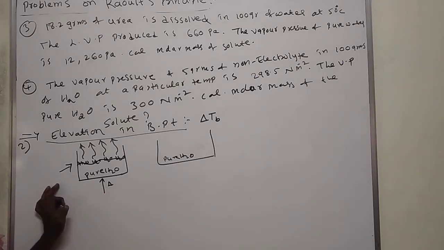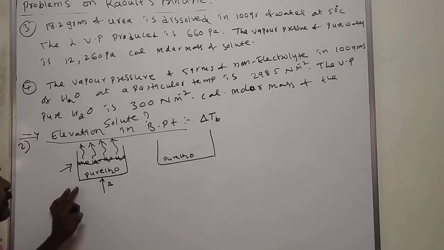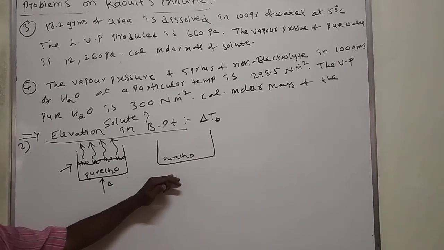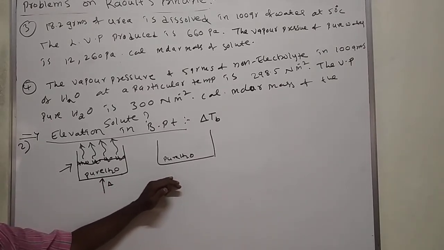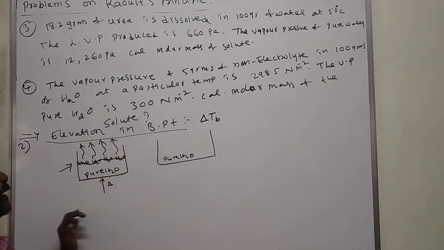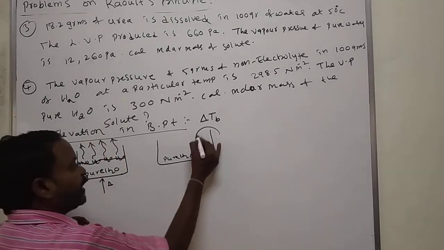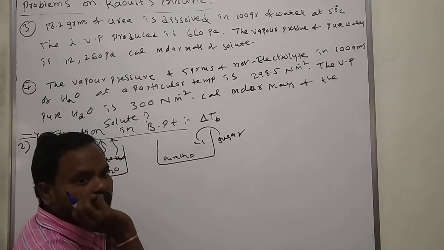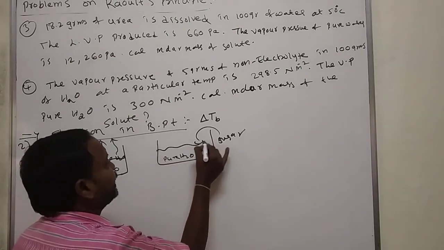If you add a small amount of non-volatile solute to pure water, the boiling point of pure solvent increases by the addition of non-volatile solute. This is called elevation in boiling point. If you add a small amount of non-volatile solute, sugar, to pure water, the boiling point of sugar water increases.